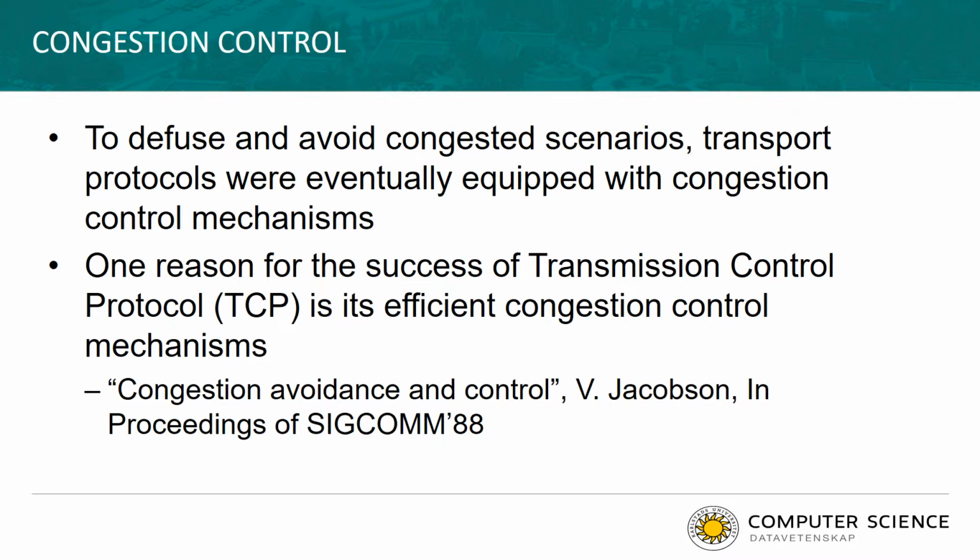And of course, the very early and first work on this area that introduced and started the work on congestion control was the work by Van Jacobson, presented at SIGCOMM in the Congestion Avoidance and Control paper. And over the years, there have been many modifications and improvements to the congestion control, but the basic principles of slow start and congestion avoidance still remain.